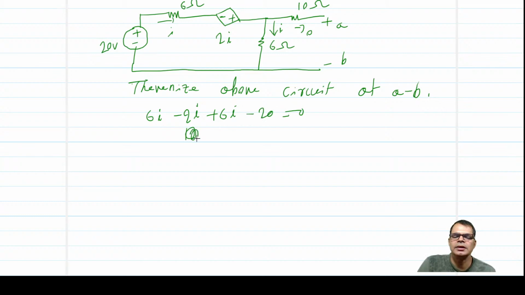So 10I is equal to 20, which implies I equal to how much? That is 2 ampere, and the VTH is equal to, that is, no current flows, the voltage drop across the 6 ohm resistor. 6 into 2, that is 12 volt.